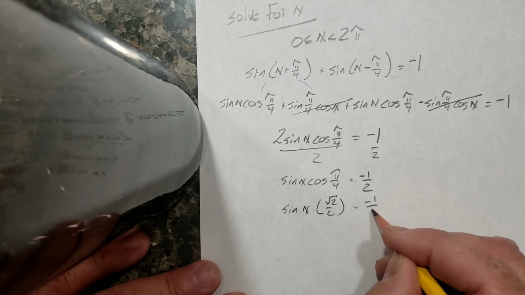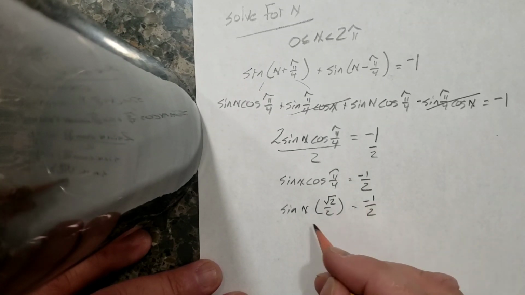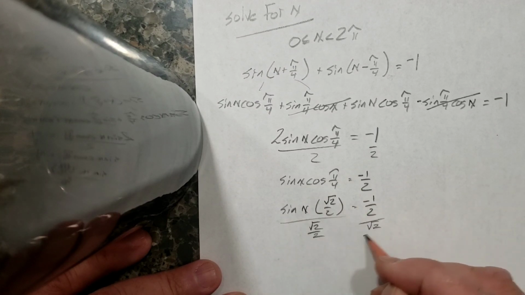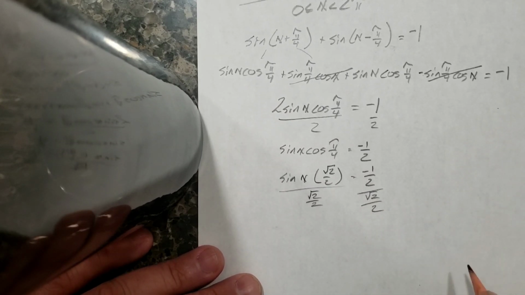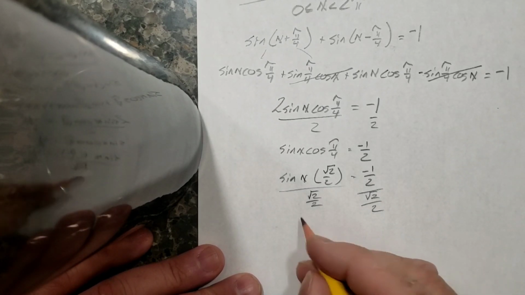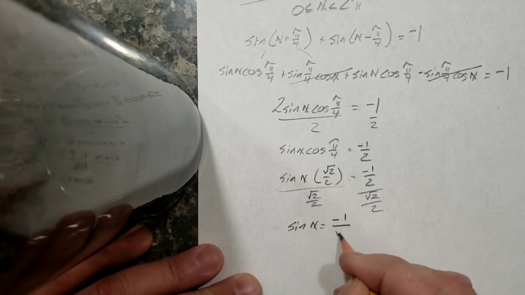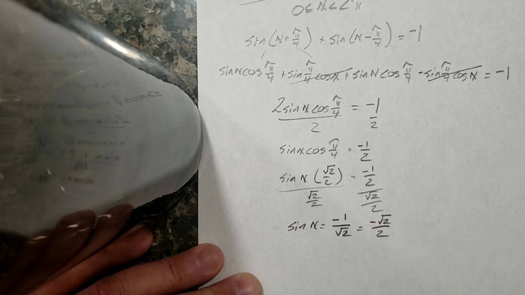And that equals -1 over 2. So what I'm going to do is divide by radical 2 over 2, divide by radical 2 over 2, just like you would in any equation. And you end up with sine x equals -1 over radical 2, or negative radical 2 over 2.